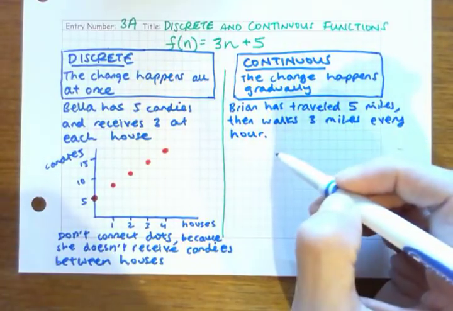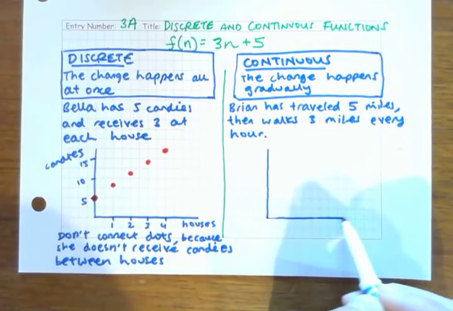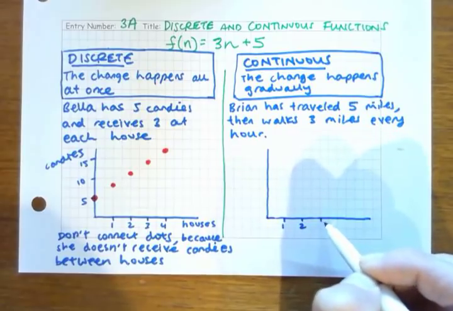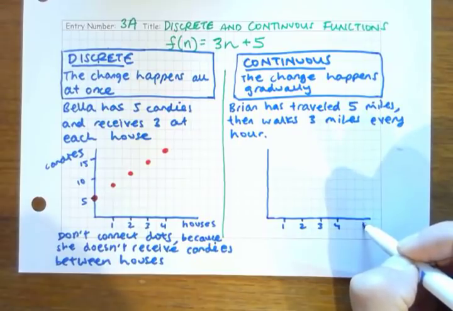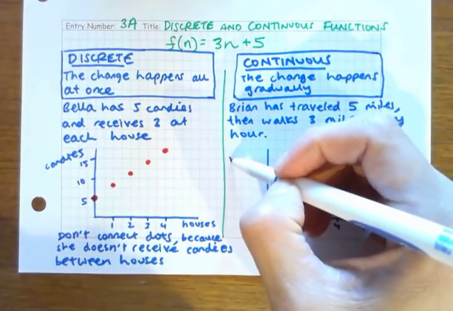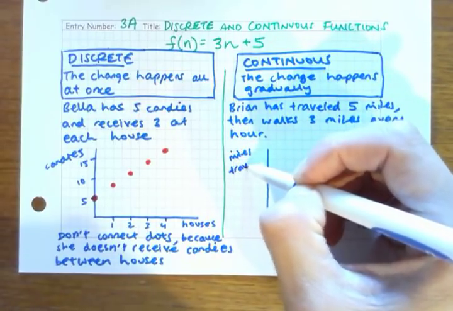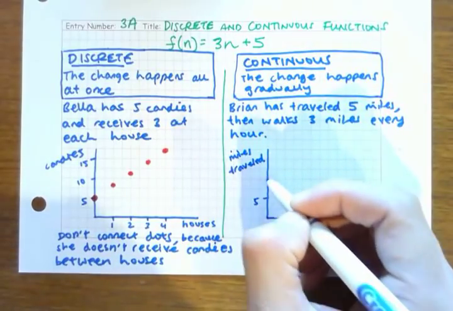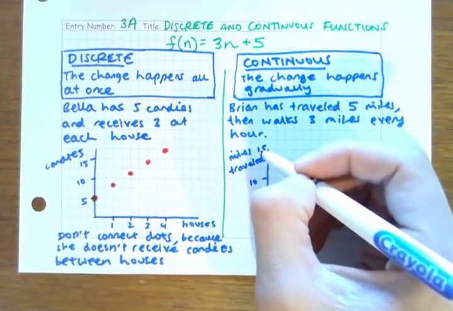And we can draw the same type of graph. Our x-axis will be hours, our y-axis will be miles traveled. Count by fives again. 5, 10, 15.